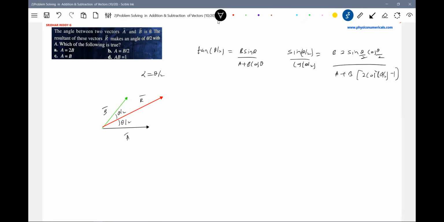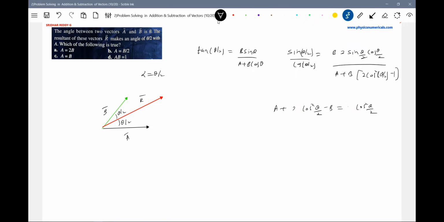So this will end up with, we wanted the relation between A and B, no? A plus B, two cos square theta by 2 minus B, is equal to 2 cos square theta by 2 times 2B.